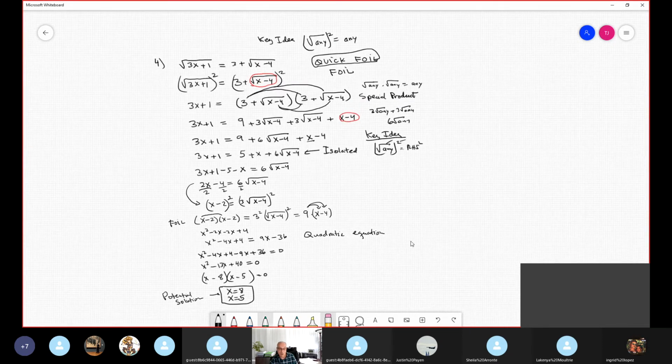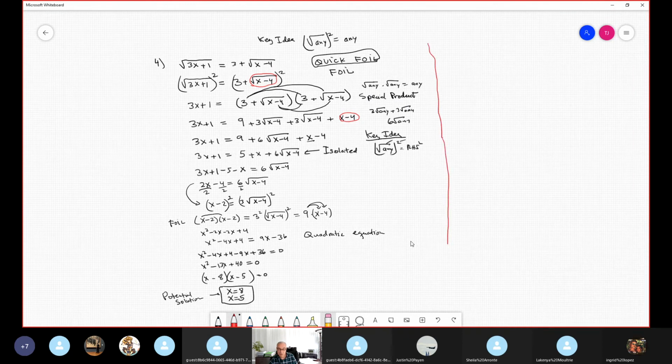So let me use another color to differentiate the checking part. And the checking part we separate in two pieces because I need to check for x equal 8 and for x equal 5. And substitution where? In the original, which I never touched, waiting for that moment.